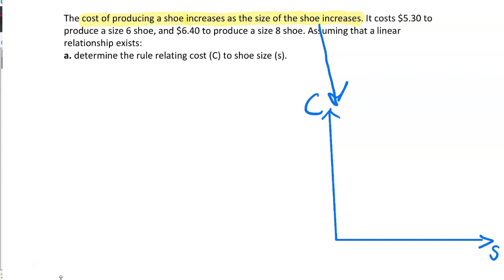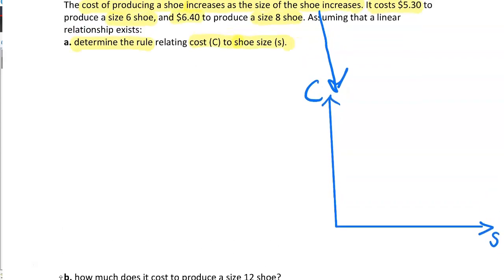So it costs $5.30 to produce a size 6 shoe and $6.40 to produce a size 8 shoe. So assuming that a linear relationship exists, determine the rule, find the rule relating cost to shoe size.